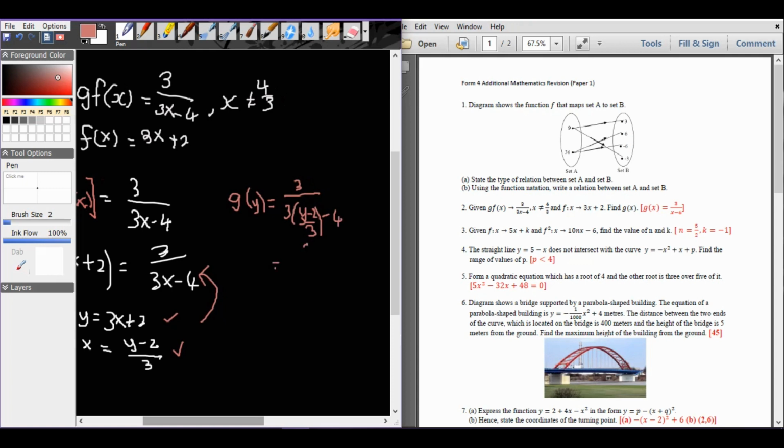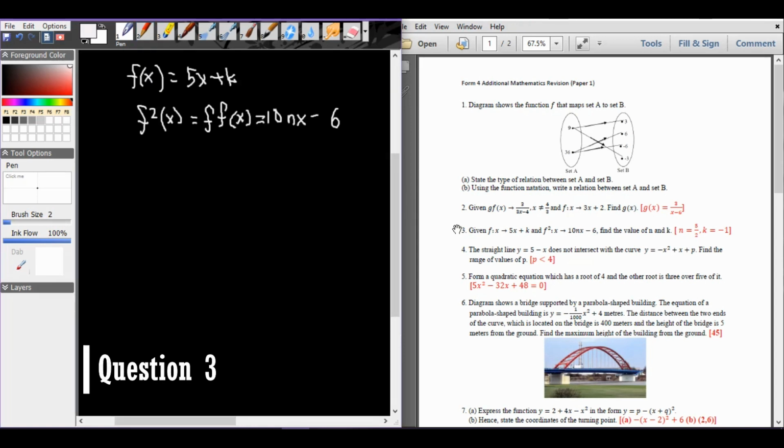So 3 can simplify, so y minus 2 minus 4 equals 3 over y minus 6. Last step, you just substitute y with x, so g(x) equals 3 over x minus 6. So this is the answer.